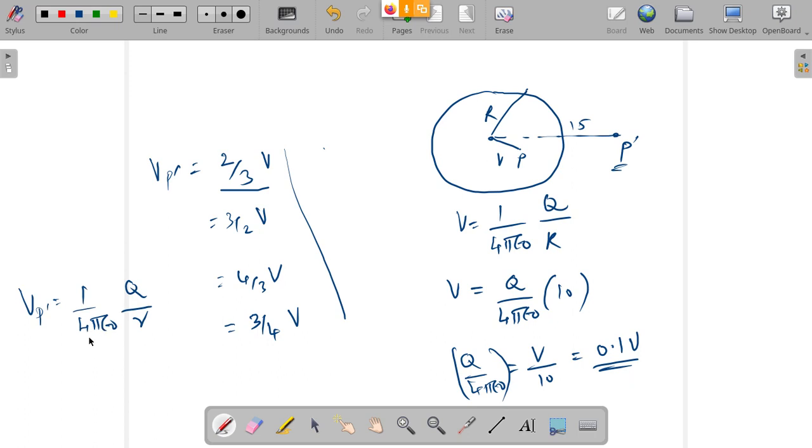In that, instead of Q by 4 pi epsilon naught, you substitute 0.1 V. So Vp prime is 0.1 V by R.